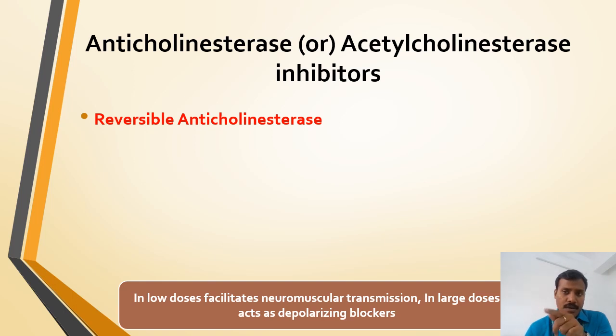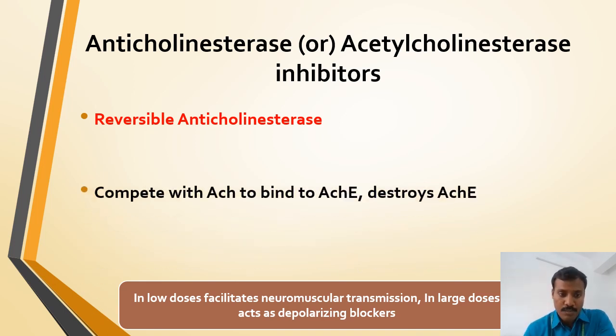So acetylcholinesterase is destroyed, and acetylcholine will not be destroyed. So the amount of acetylcholine in the synaptic cleft is more, and the action of acetylcholine will be increased. A longer duration of acetylcholine acts on the postsynaptic membrane, which also produces a kind of depolarizing block.